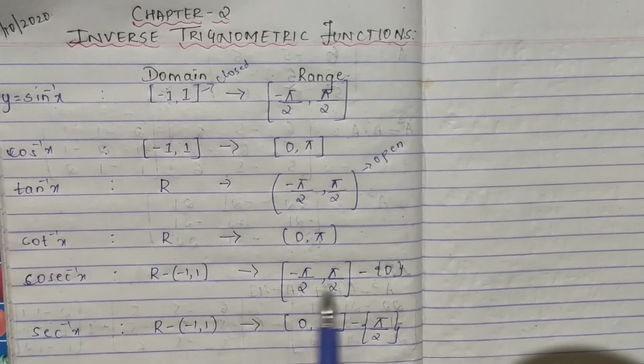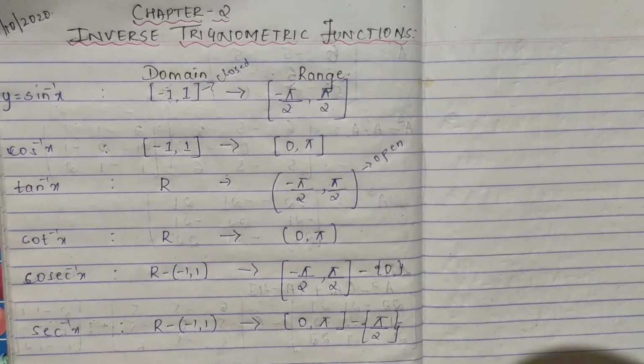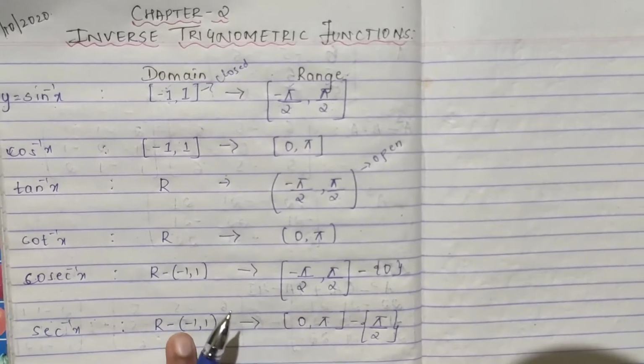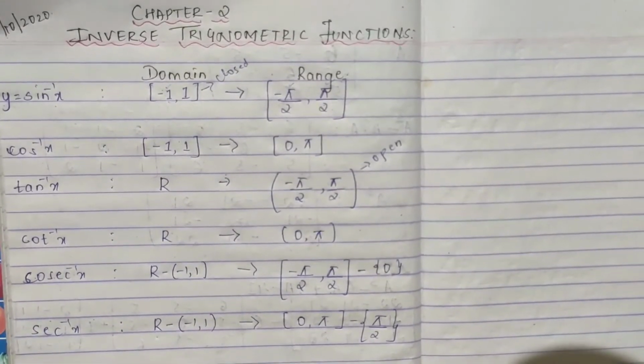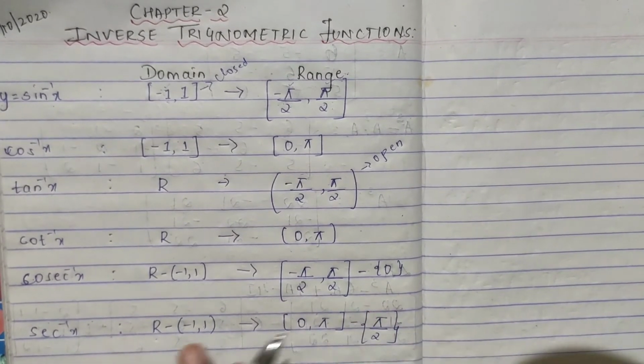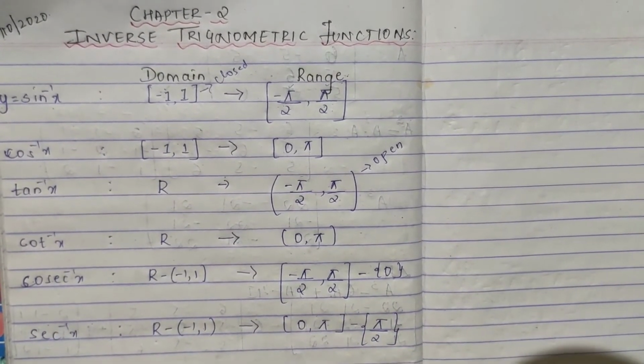So cosec inverse can never be 0. Sec inverse is the same: domain excludes the open interval -1 to 1, and the range is 0 to pi except at pi by 2. So sec inverse can never be pi by 2.